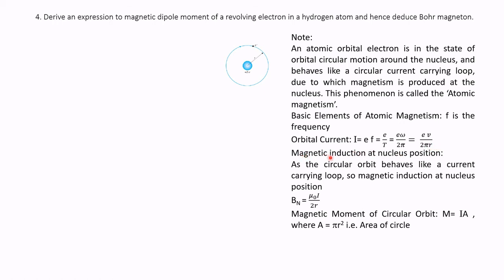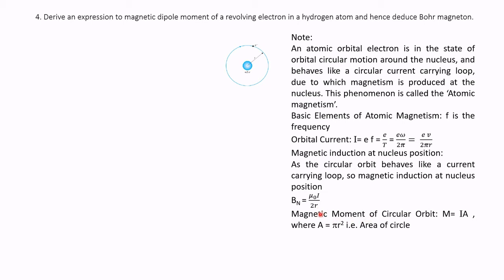So, magnetic induction at the nucleus position. As the circular orbit behaves like a current carrying loop, magnetic induction at the nucleus position takes place, and this magnetic field is represented as B_n is equal to mu naught I divided by 2 r.